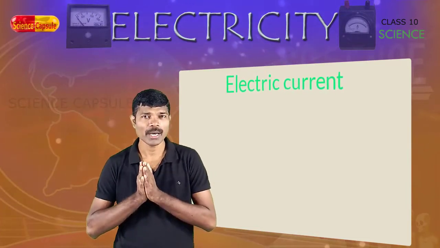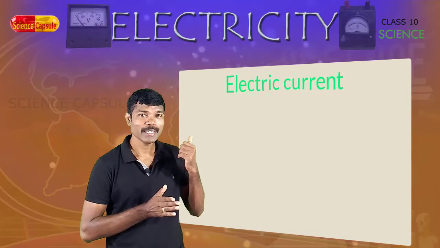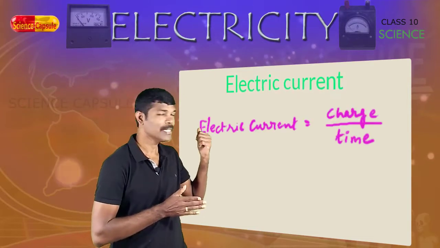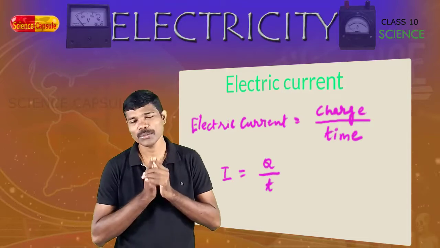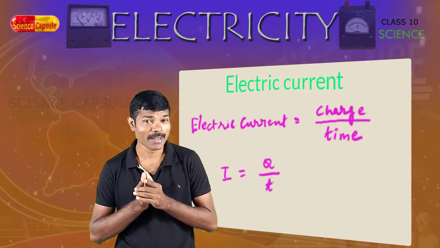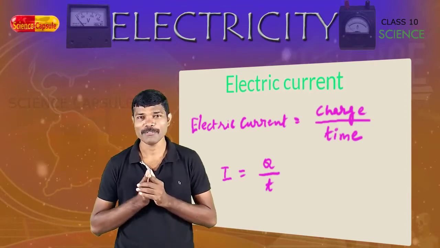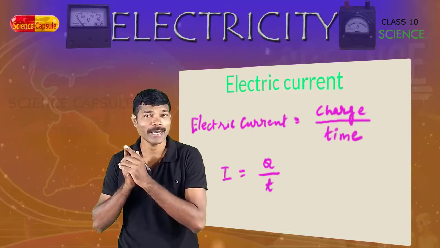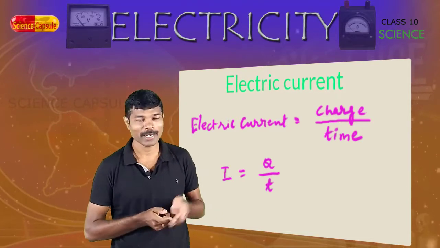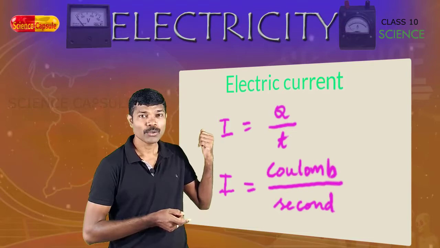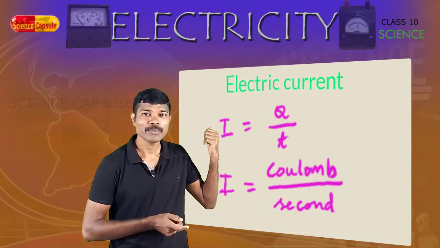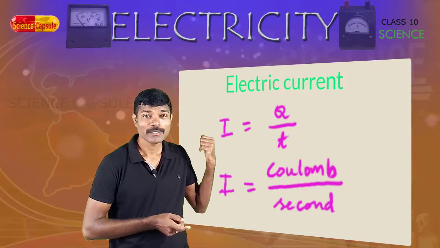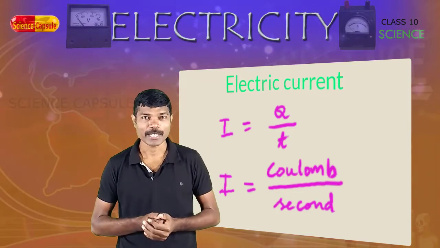So according to our definition, mathematically it can be represented as I = Q/T. Here I is the symbol of electric current, Q is the symbol of electric charge and T is the symbol of time. On substituting the SI units of these quantities, we get I = coulomb divided by second. We know that coulomb is the SI unit of charge and second is the SI unit of time.